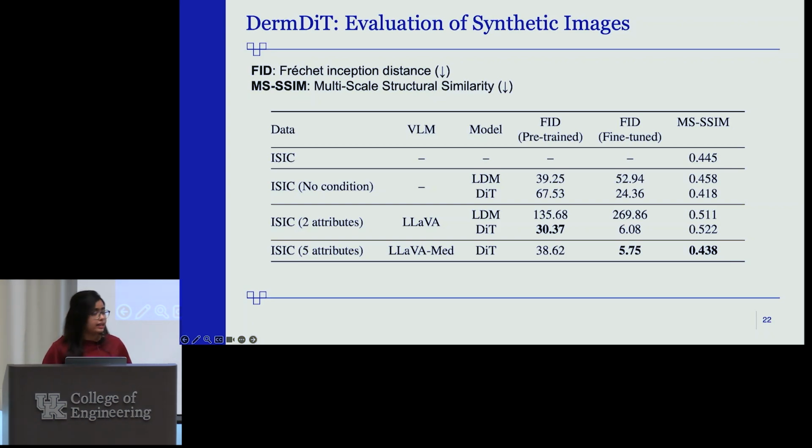So this is the unconditional diffusion model, using both the latent diffusion model, which is UNet-based, and the transformer-based DiT model. And then I have used 2 attributes from the image metadata.